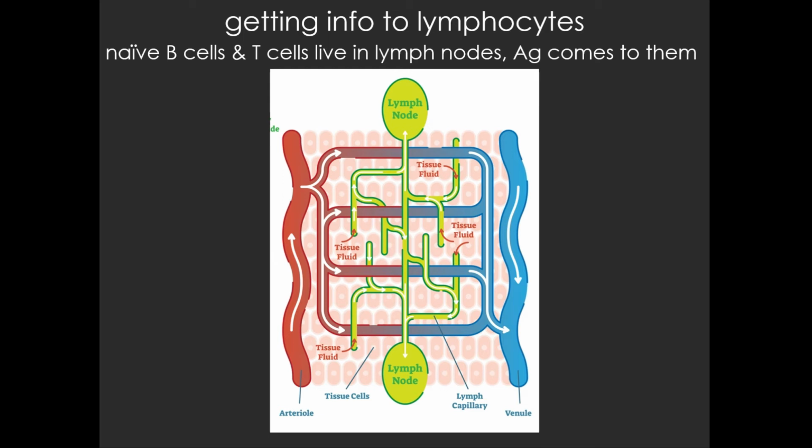Things come in, and most importantly for our discussion, white blood cells come into the lymphatic fluid, bring antigen to the lymph nodes where it is encountered by naive T cells and B cells so that they can become activated and clonally expand.